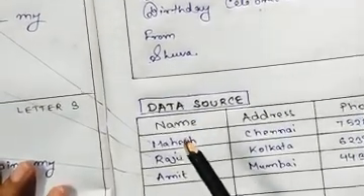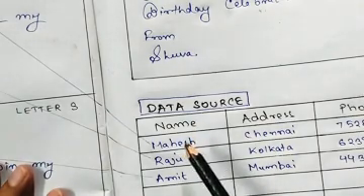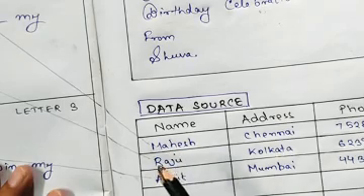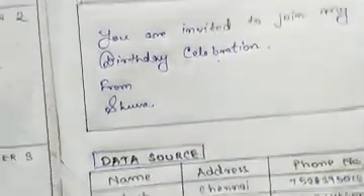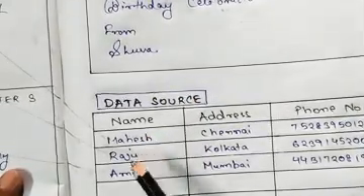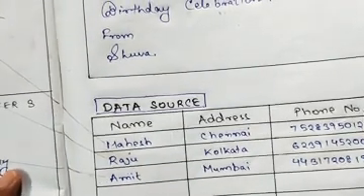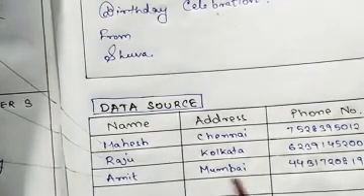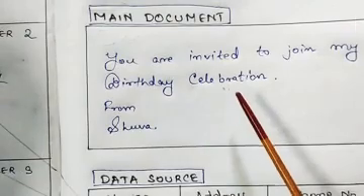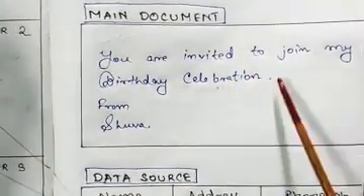Then it will take each name or each entry from the data source and put it in those 3 main documents. So these 3 names go to these 3. So we have to send the same letter to these 3 persons. So mail merge creates a copy of this main document 3 times.